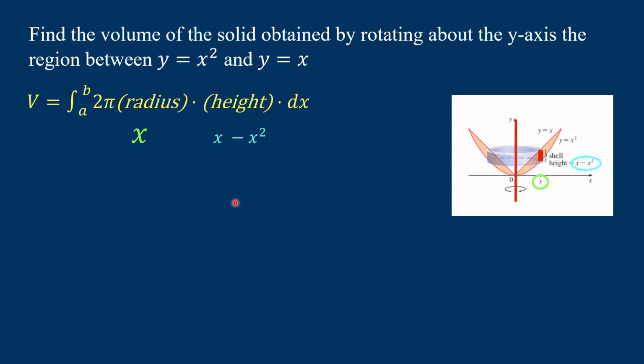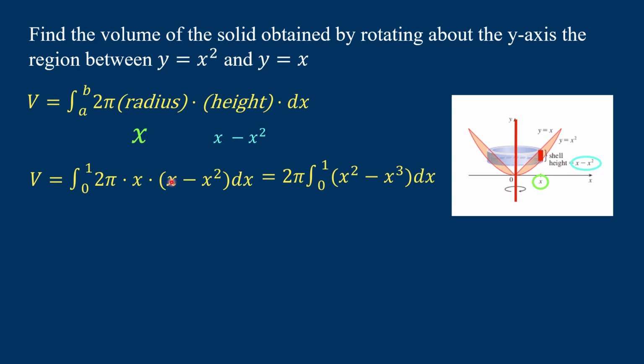So we have the volume as the integral from 0 to 1, since we found the intersections, of 2 pi x times x minus x squared dx. Distribute the x to get x squared minus x cubed.